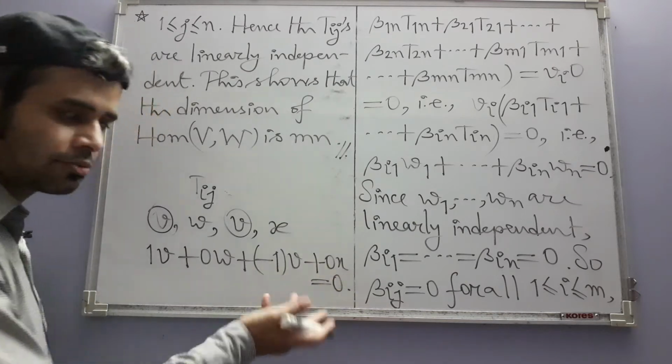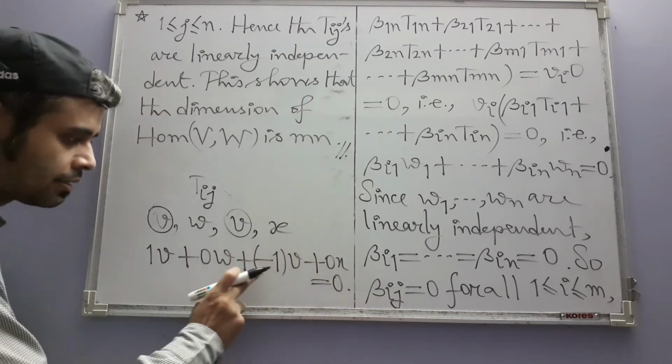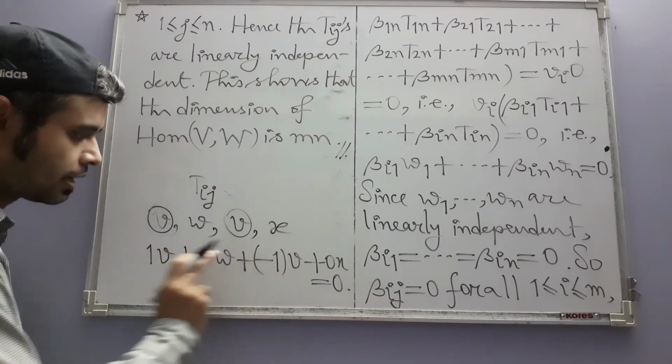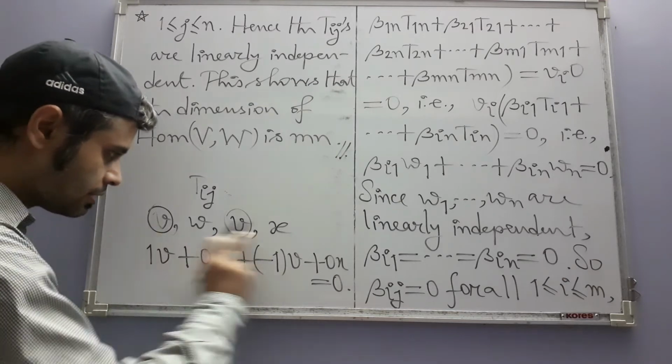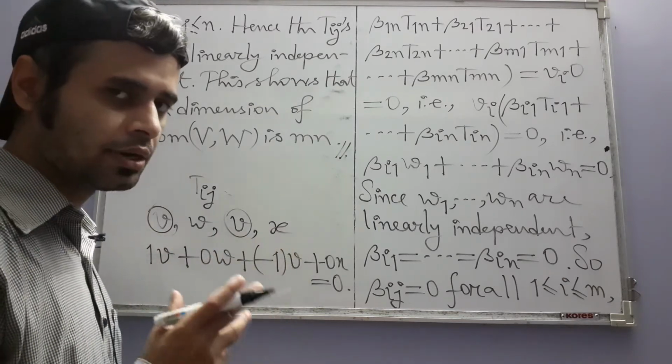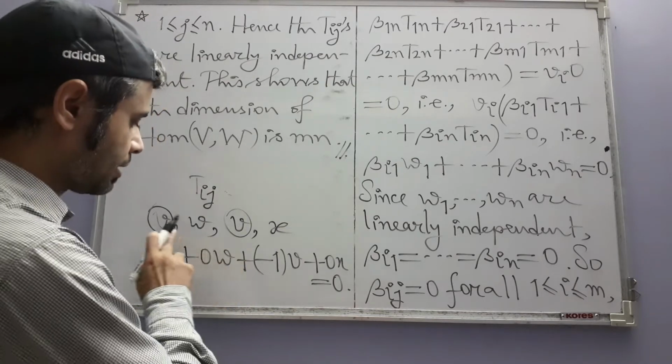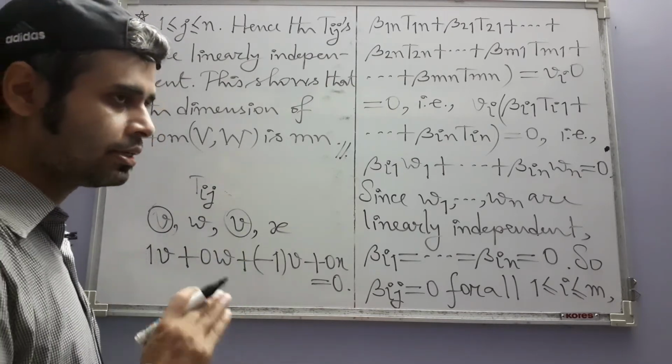And this linear combination of course will be 0 in spite of the fact that two scalars are non-zero. So this list cannot give you a collection of linearly independent vectors.